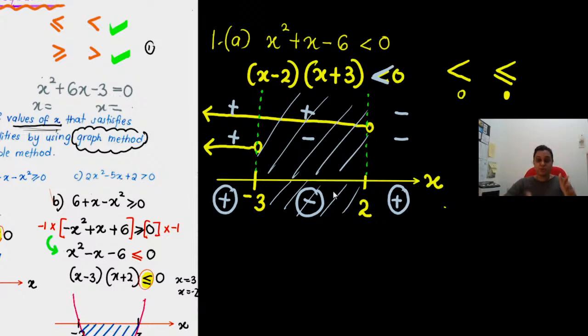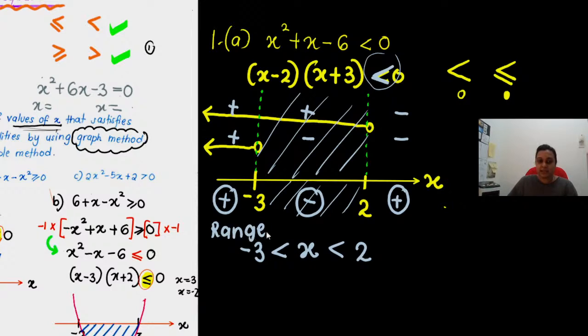Therefore, since you know that is the region, the area, you write your x in the middle and copy the sign, smaller than, like that. Just copy the sign only. Then -3 here and 2 over here. So this will be the answer for the range.